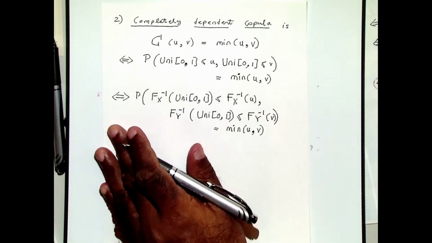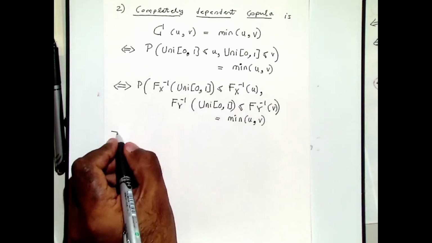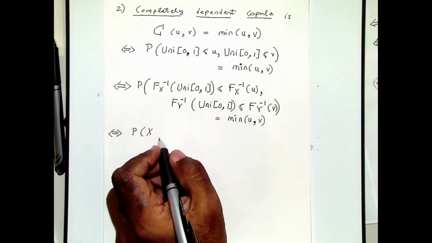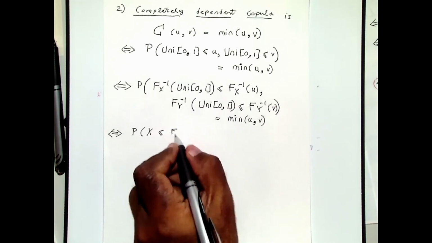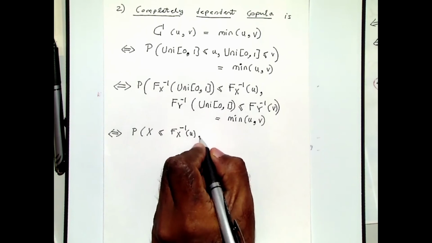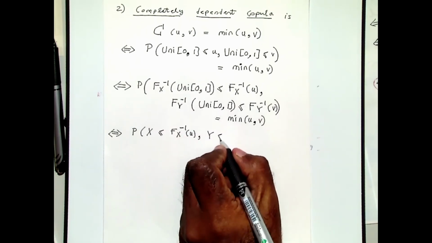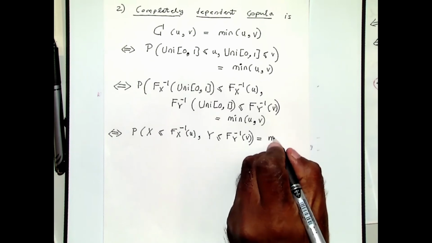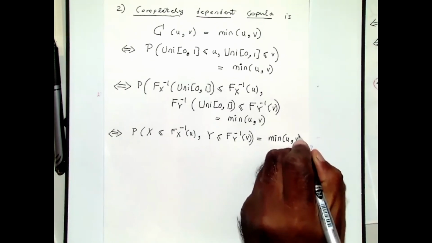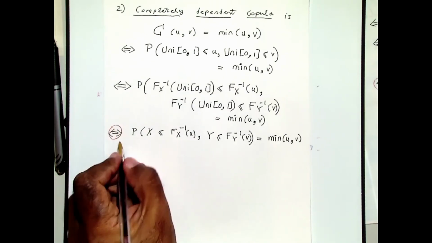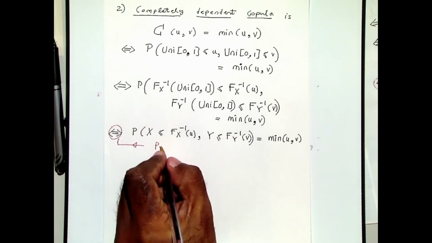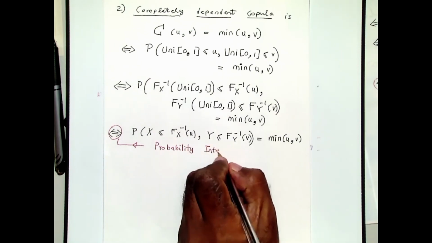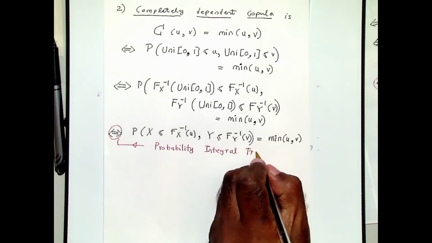So this guy here once again becomes capital X, and this guy here once again becomes capital Y. This follows because of the probability integral transformation.